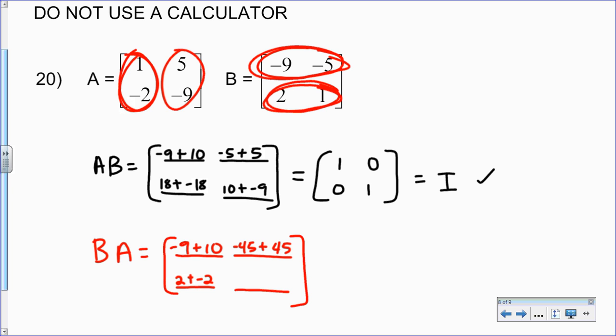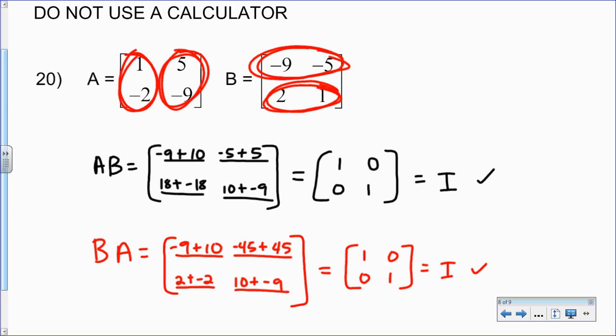Second row, second column, 2 times 5 is 10, plus 1 times -9 is -9. Then you simplify and you get 1, 0, 0, 1 again.